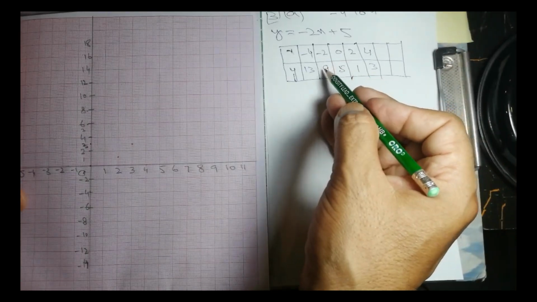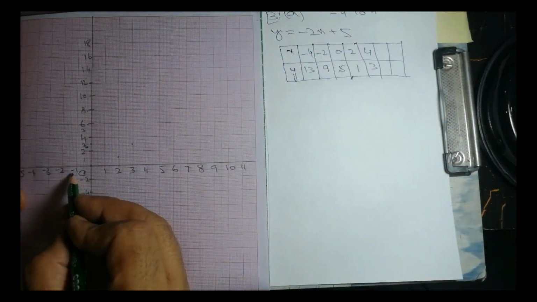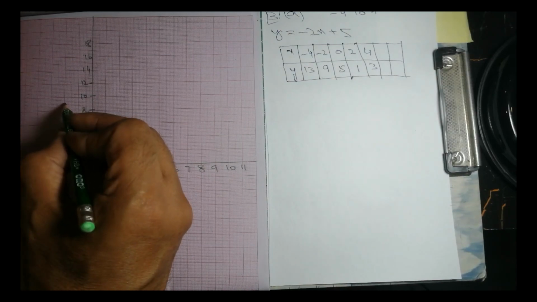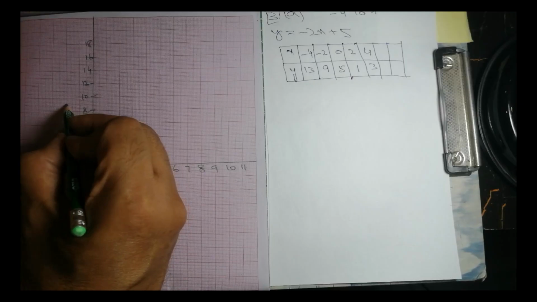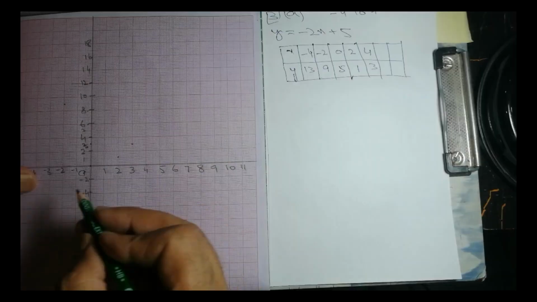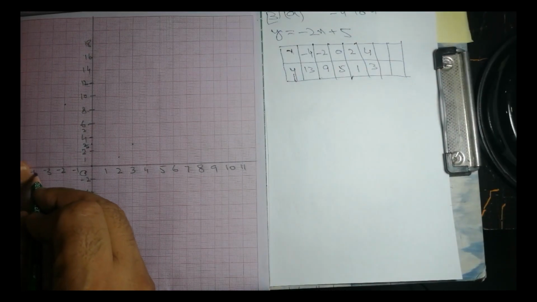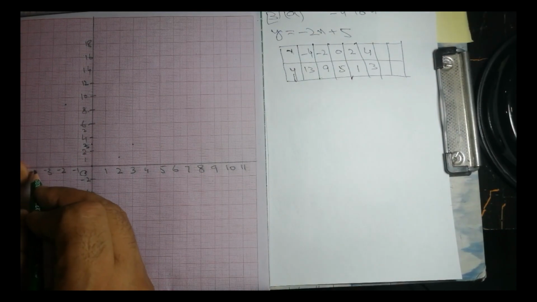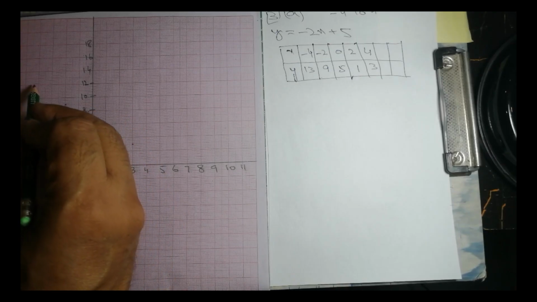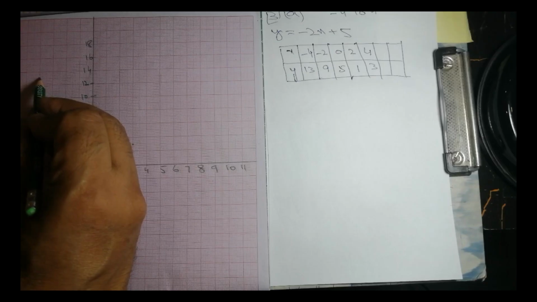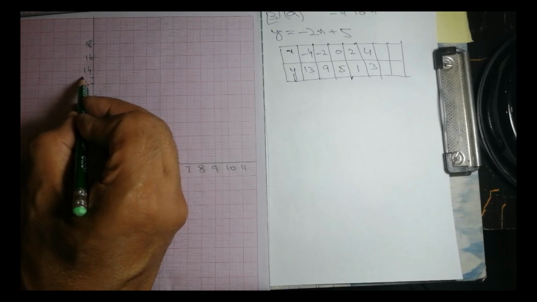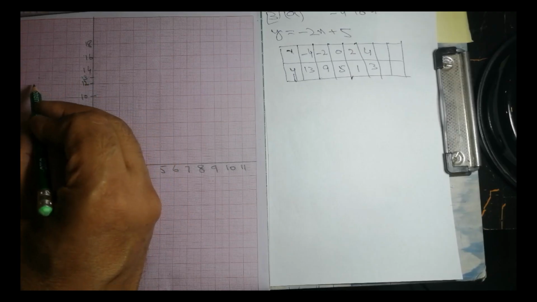And (-2, 9): x is -2 and y is +9, so positive 9 is on this point. Then (-4, 13): x is -4, and 13 is in the middle of 12 and 14. So here the point is 13.